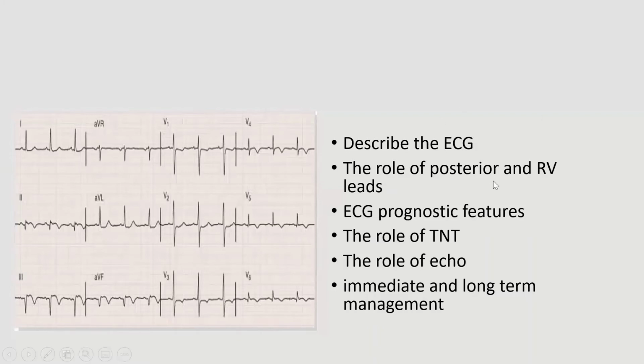Now, what are the ECG prognostic features when you are diagnosing STEMI? Whenever you see STEMI in general, not only inferior, what are the other data in the ECG that you gather in prognostication?